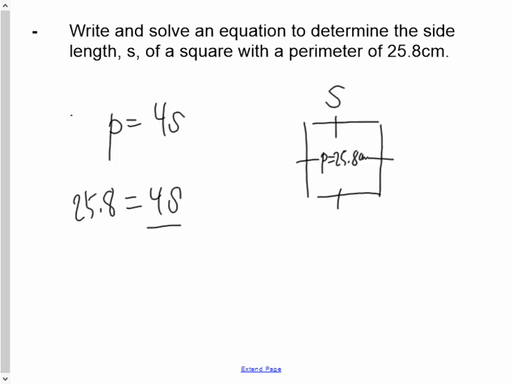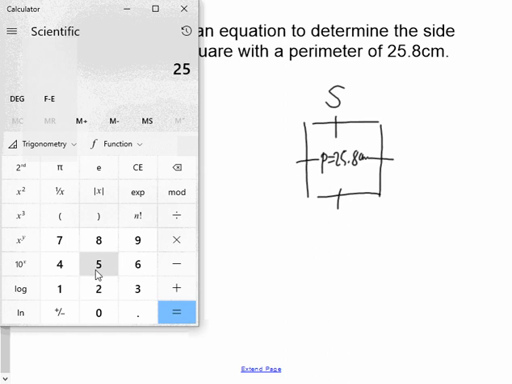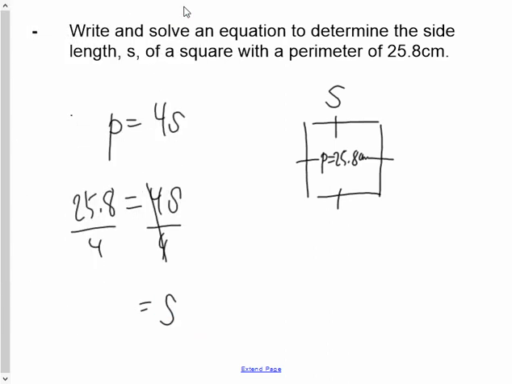If I divide both sides by my coefficient of 4, my side length will equal 25.8 divided by 4, which means my side length is 6.45 centimeters. And that would make sense. 6.45, 6.45, 6.45, and 6.45, since it's a square, would give me a perimeter of 25.8.